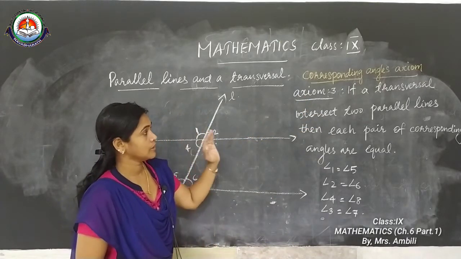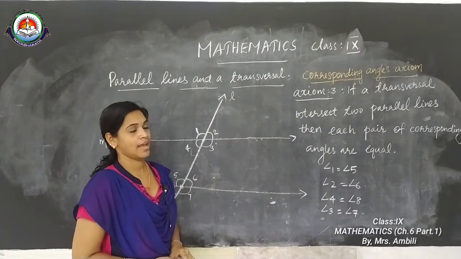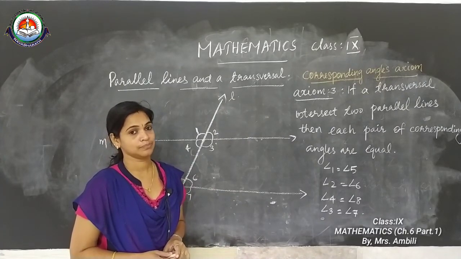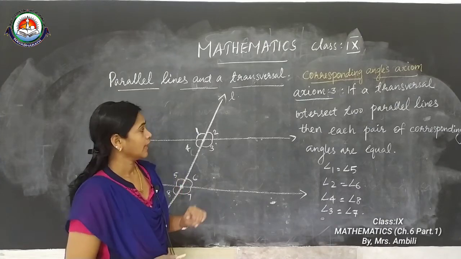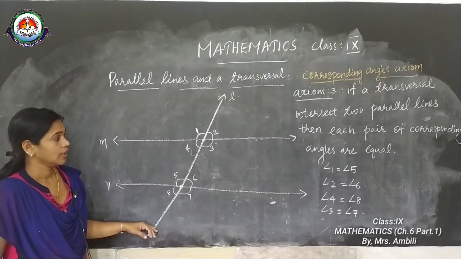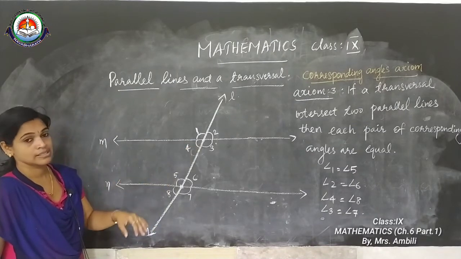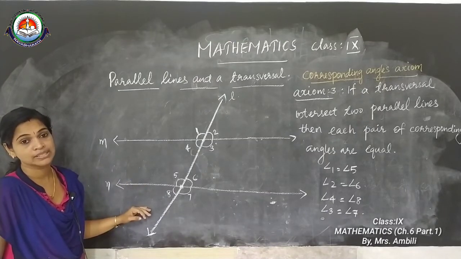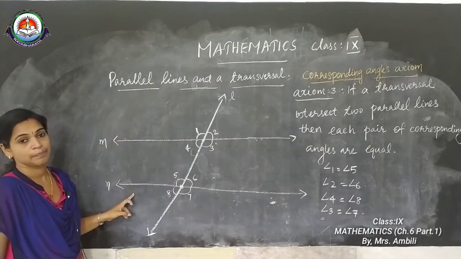So this is the converse of the corresponding angles axiom. What is the converse of the corresponding angles axiom? If a transversal intersects two lines, if each pair of corresponding angles are equal, it means these two lines are parallel.